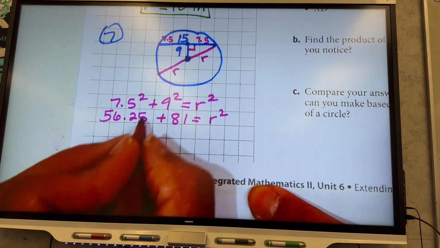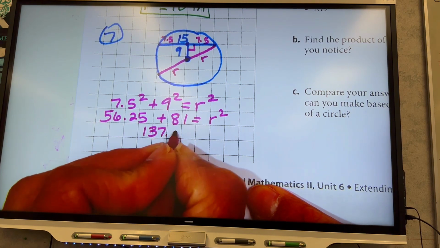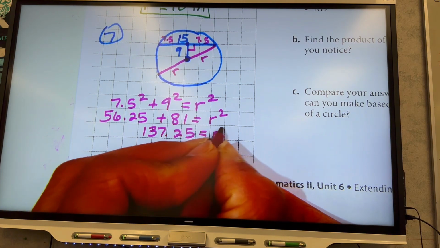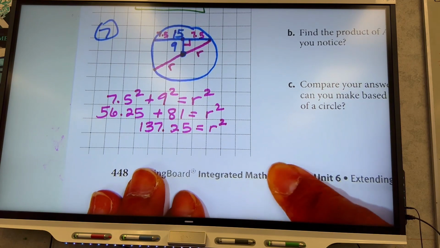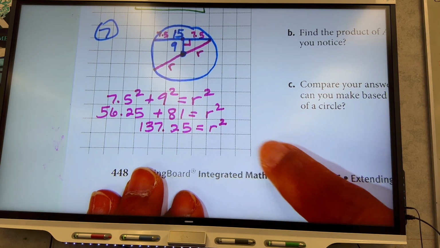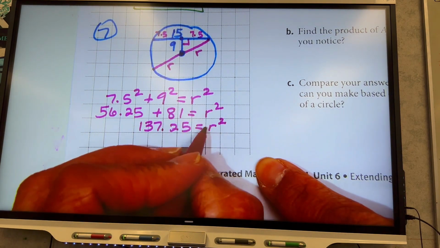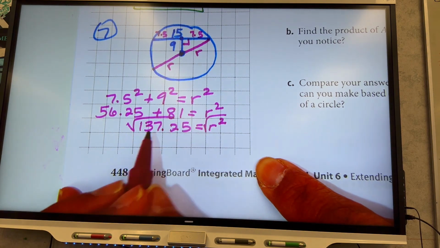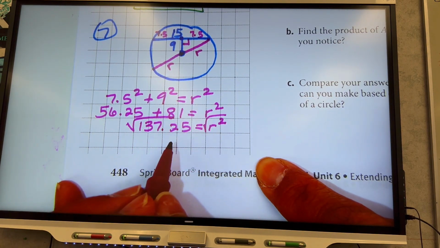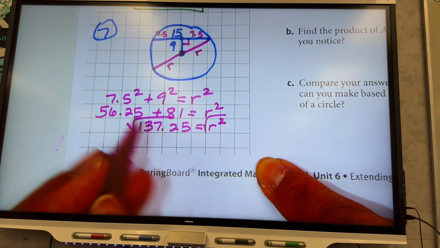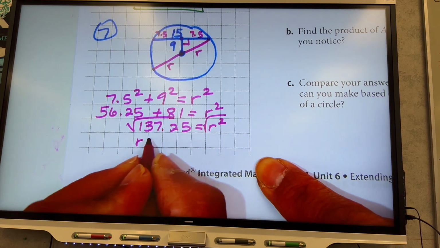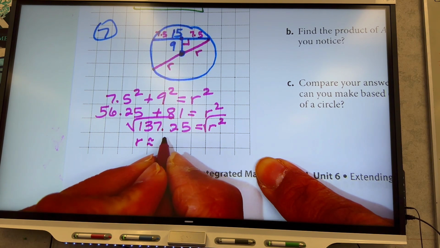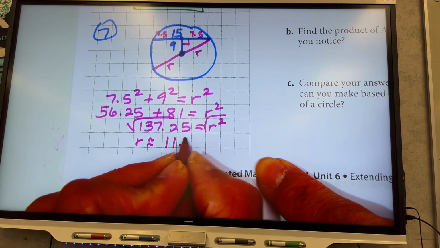When we add them, we get 137.25 equals r squared. And what's the next step? Square root it, right. Now, when we square root this number, is it going to be a whole number or a decimal? It's going to be a decimal. It's not a perfect square, so we're going to have to round it, and it's going to end up rounding to 11.7.